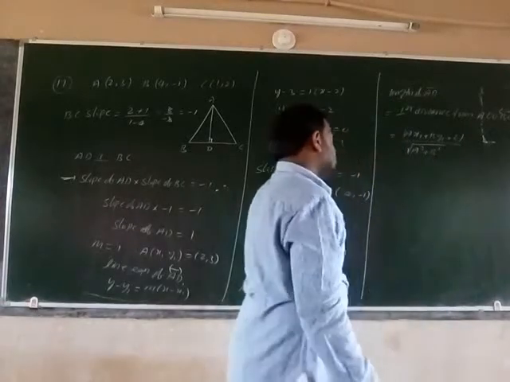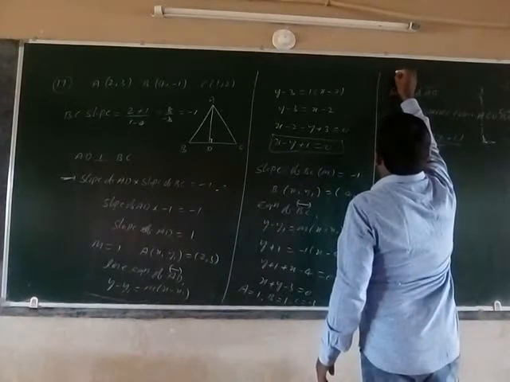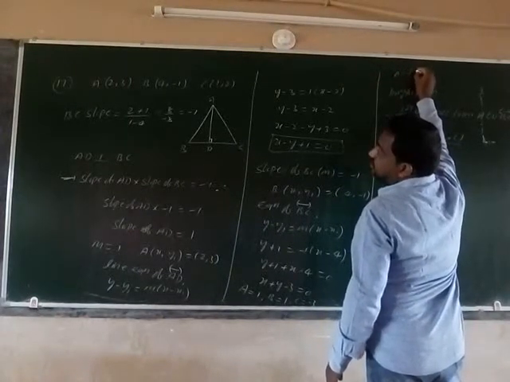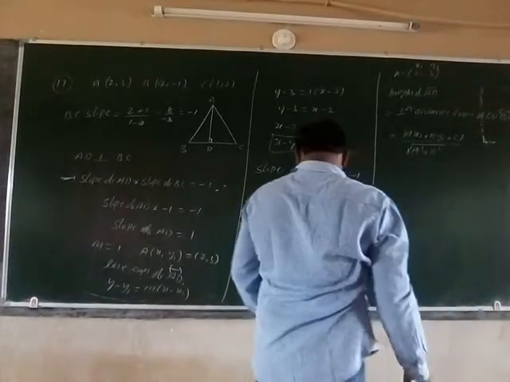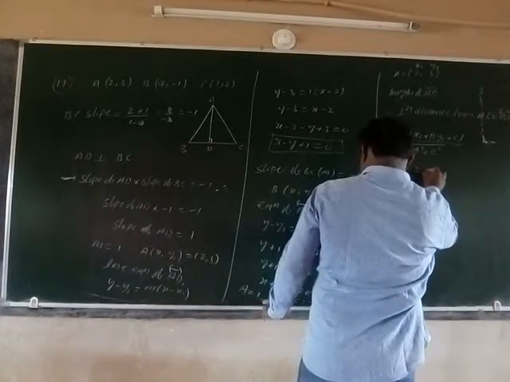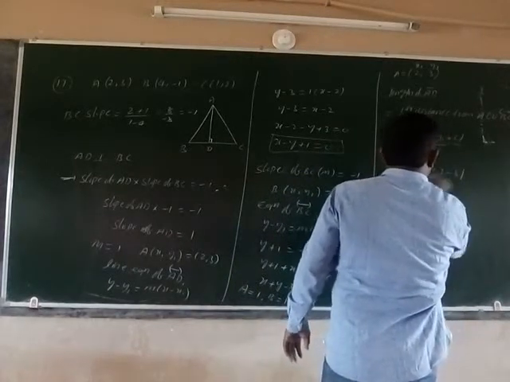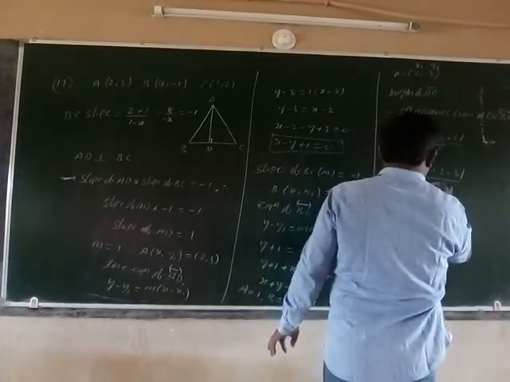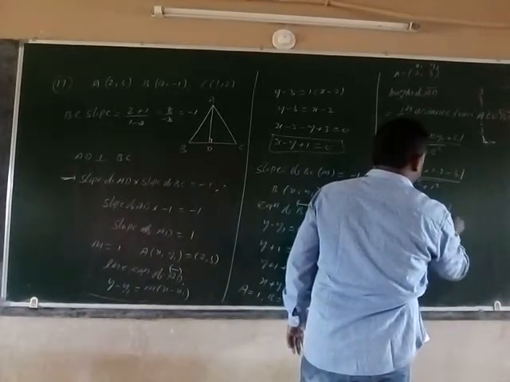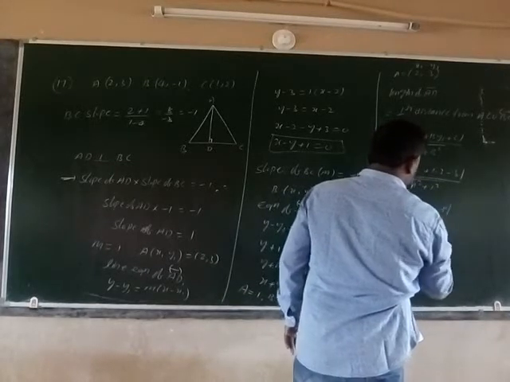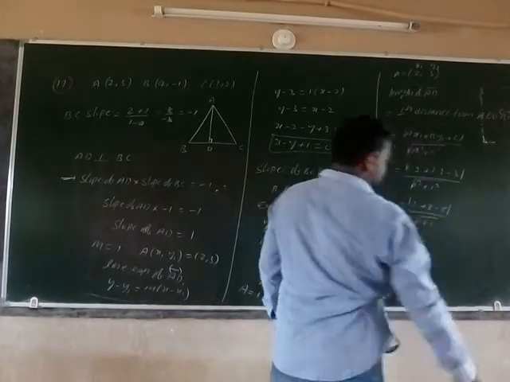So a is equal to 1, and for x1, y1 we take the A coordinates, 2 comma 3. So 1 into 2 plus 1 into 3 plus c value minus 3, mod, by 1 square plus 1 square under root. So 2 plus 3 minus 3, mod, by root of 1 plus 1, that is 2 by root 2, which is equal to root 2. That is the answer.